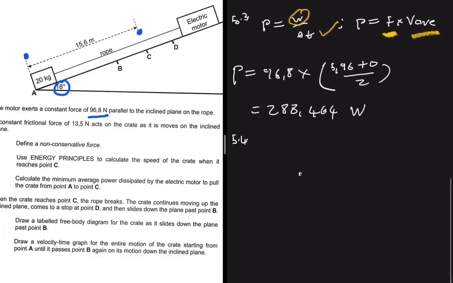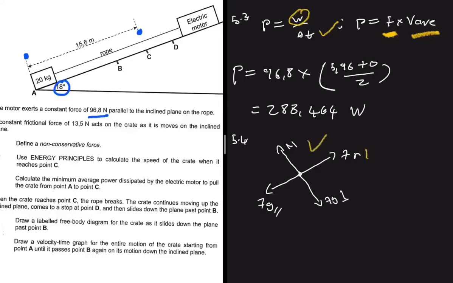When it is sliding down, FG parallel is still down the incline. The frictional force is now up the incline. Then we have our normal force there, and we have our weight perpendicular, or FG perpendicular. So I'm expecting 1, 2, 3.